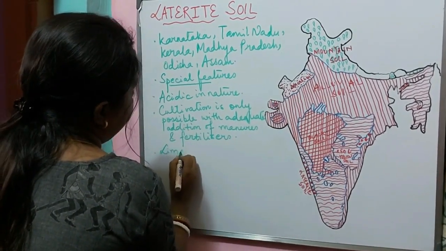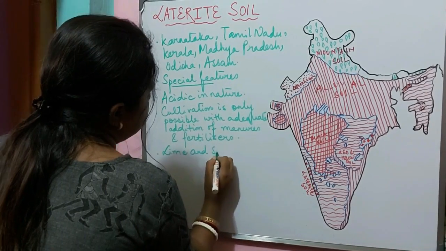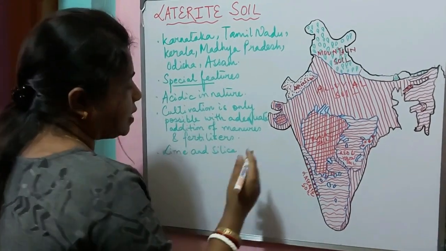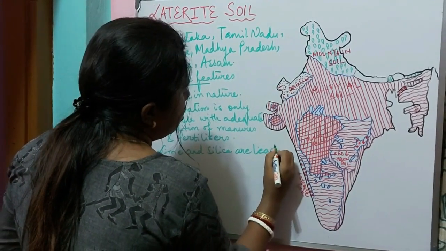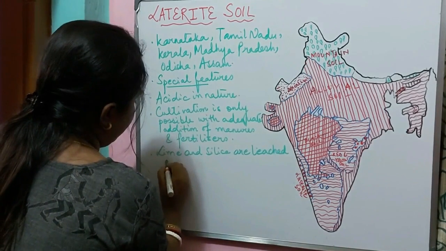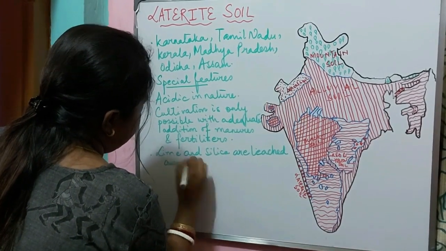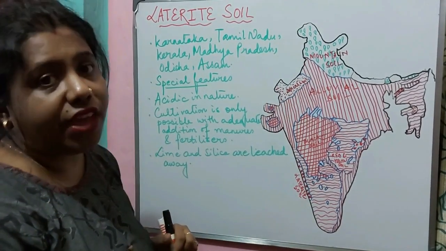Lime and silica, which when present, are leached away in this soil. Why? Because of the heavy rainfall.